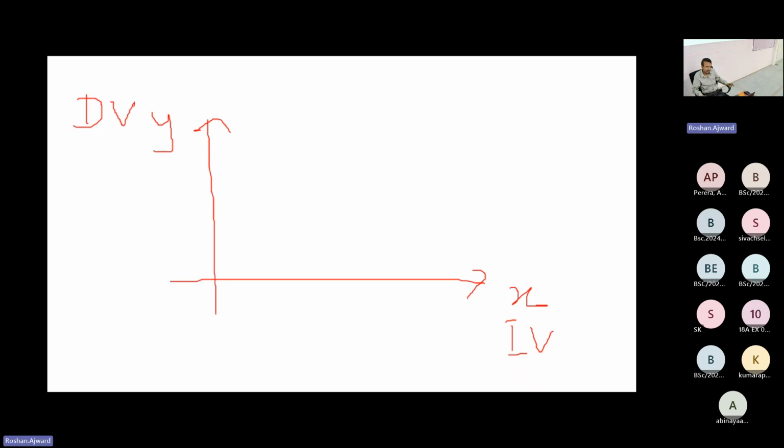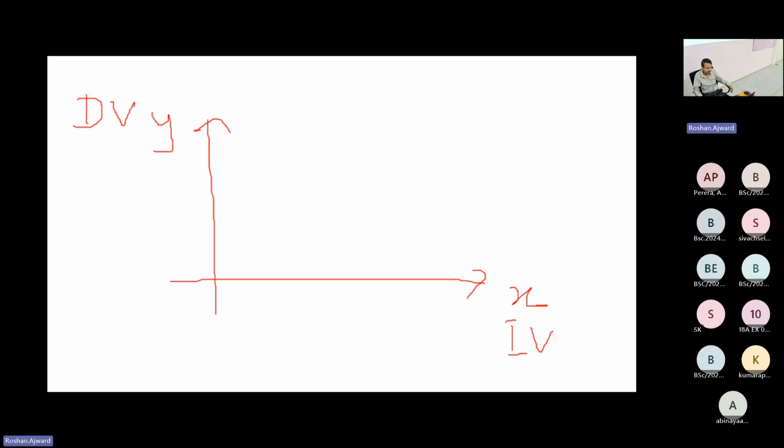Right. Let's take an example. Let's take a company. For the last, let's say, 24 months or so, you are going to take the advertising expenditure and the sales revenue. What's the independent variable?